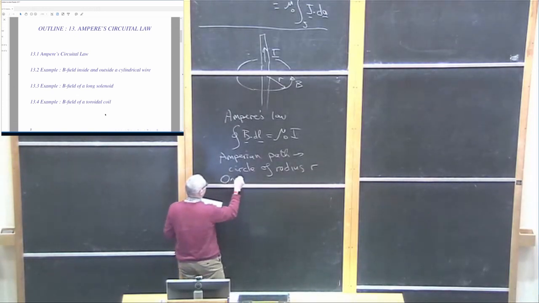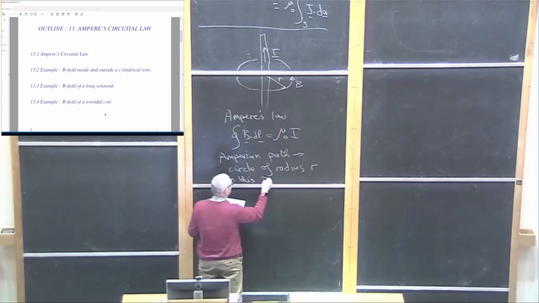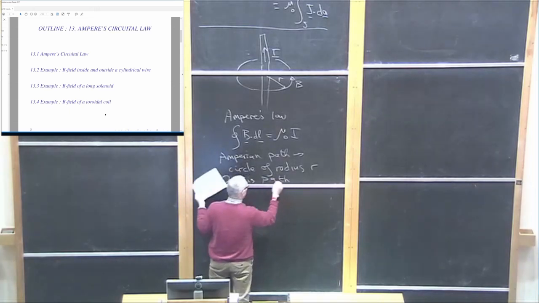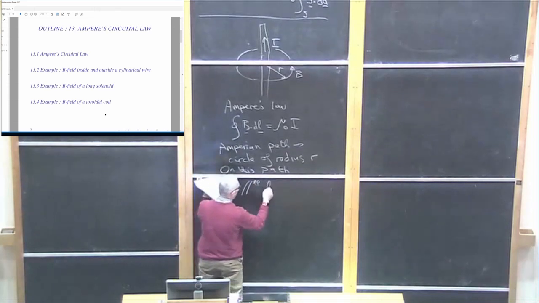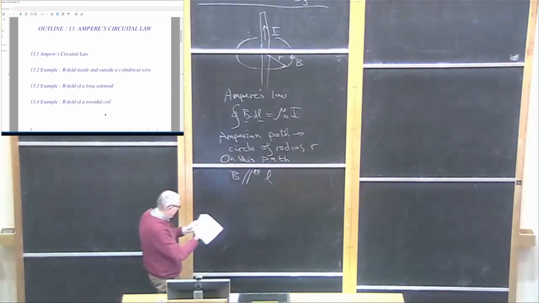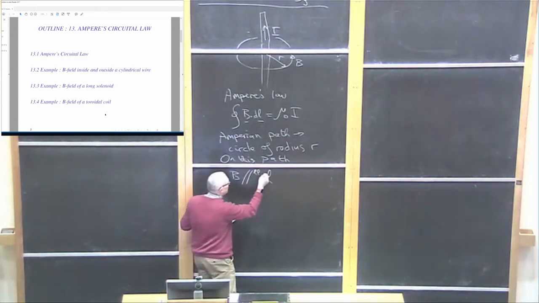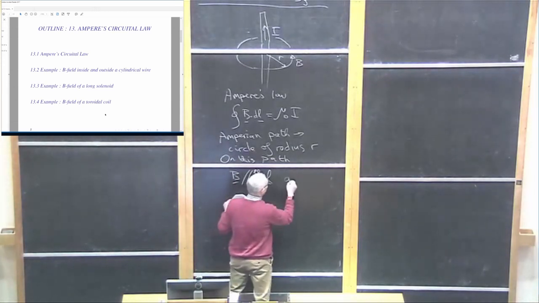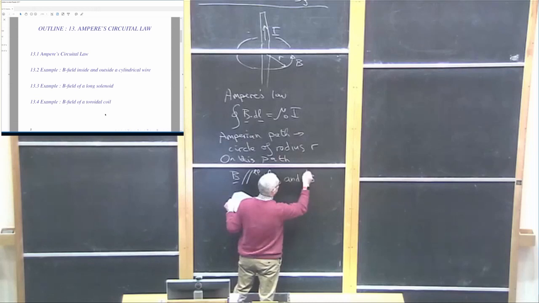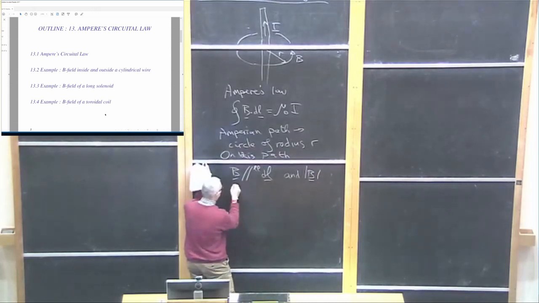On this path, B is parallel to the path taken, dl, and the magnitude of B is constant.